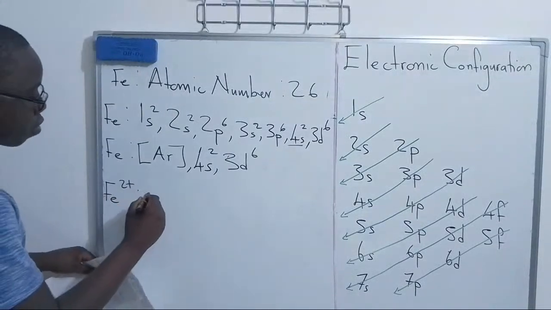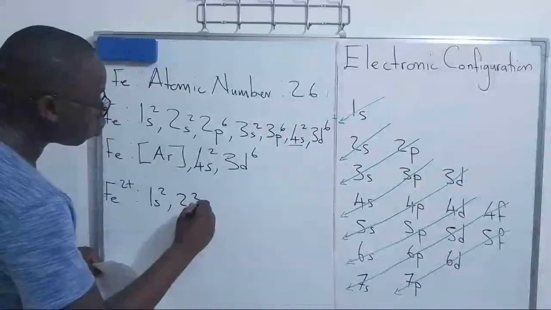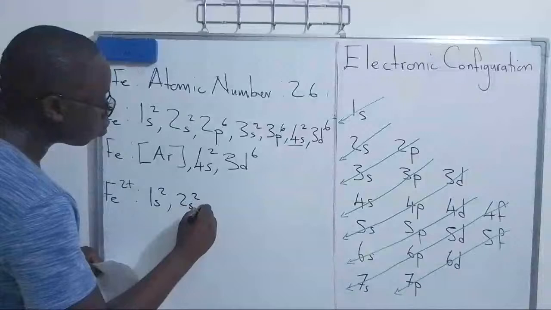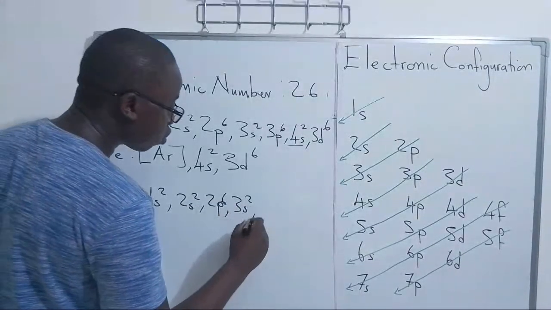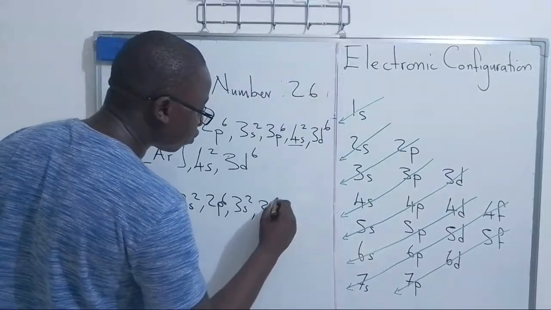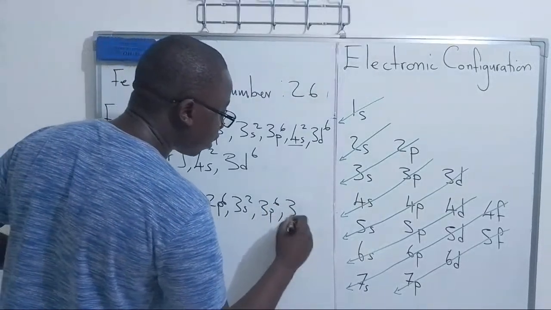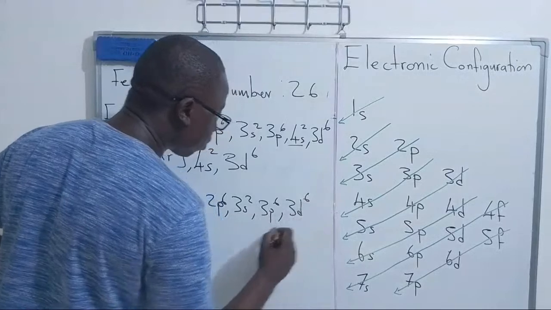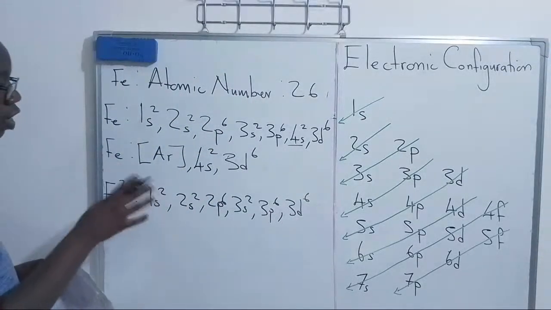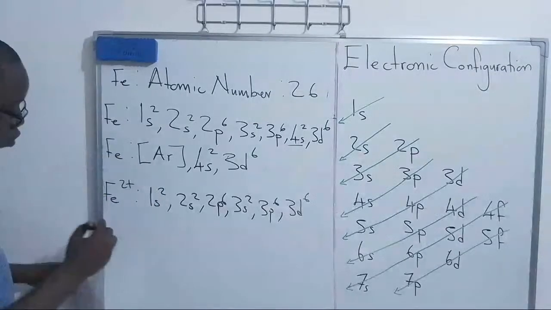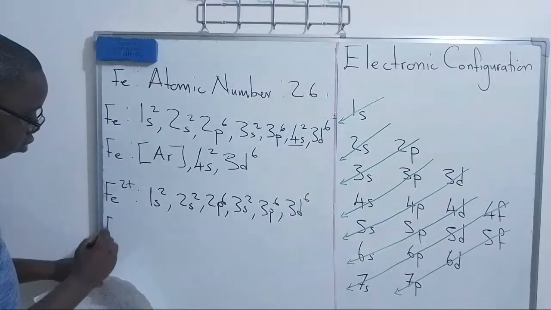So we'll remain with 1s2, then 2s2, 2p6, 3s2, 3p6, and 3d6.